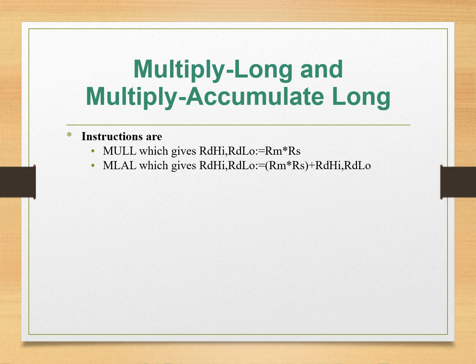Multiply accumulate long gives the same destination registers: RM multiplied by RS plus the 64-bit result in the destination registers.